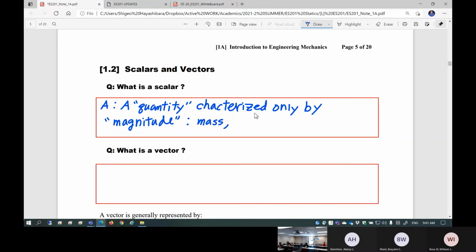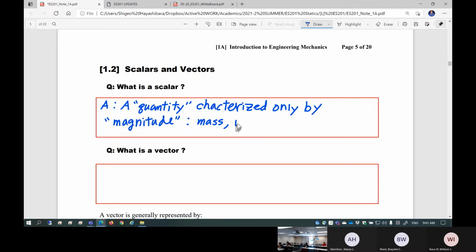Oh, I'm an engineer. Oh, that's why. We never use slugs casually. A slug is that slimy weird thing, but it's also a unit of mass. It's a standard in engineering. Well, we use pounds for mass, fine, but I have to always convert it back to slugs. Okay, that's you, because you're an engineer.